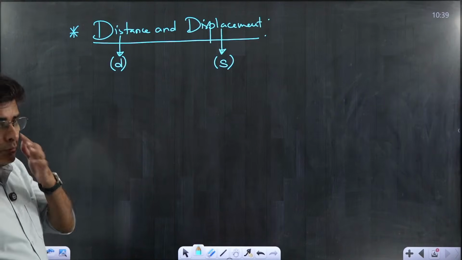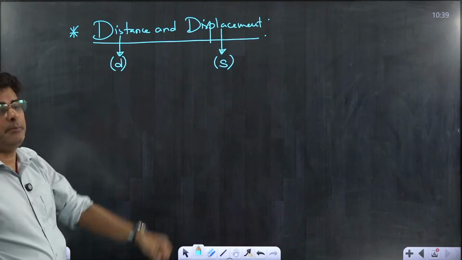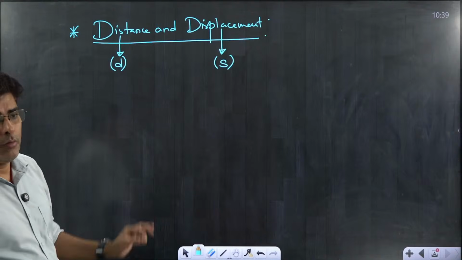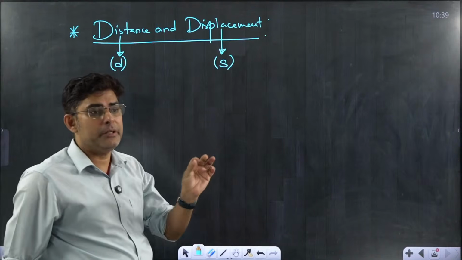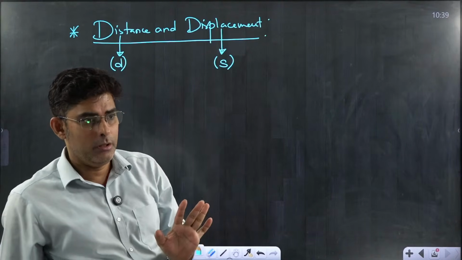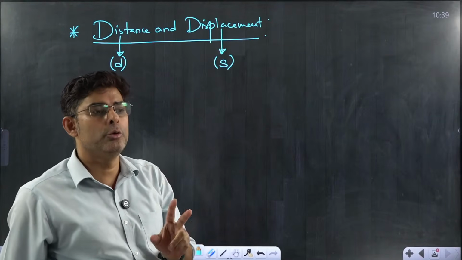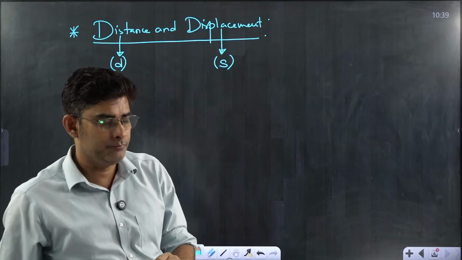Now, how do we define distance and displacement in a simple way? For that, first of all, you have to know from where to where you are going.